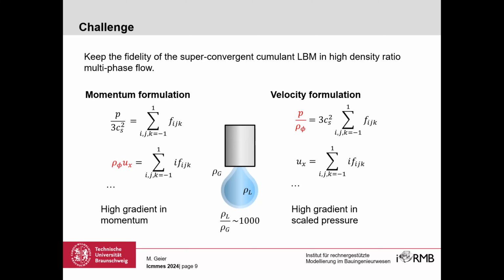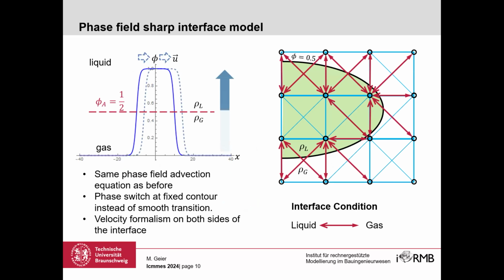So, as you said, you always have to die one death or the other. It depends on what you like more. I think usually we like problems in pressure more, because in velocity this is very convoluted. We have many different derivatives here. So we go for the velocity formulation. But now we do it a little bit differently. We still use these phase field methods, but we apply them in the way of a sharp interface model.